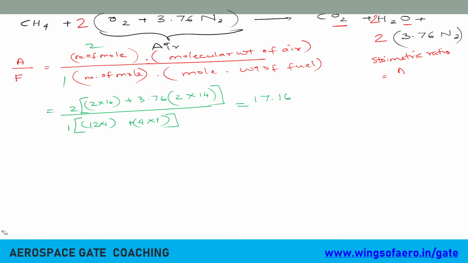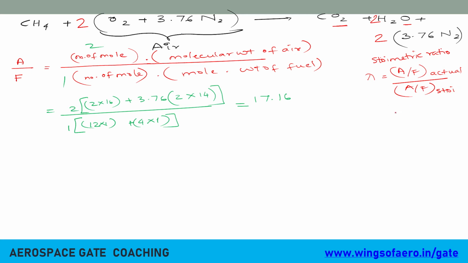We denote it by lambda: air by fuel actual by air by fuel stoichiometric. This is the definition of the stoichiometric ratio.